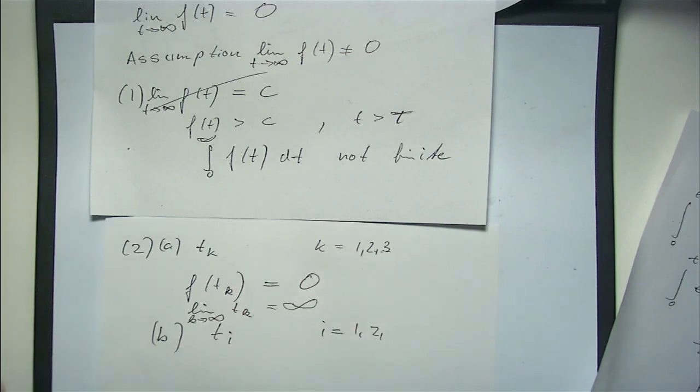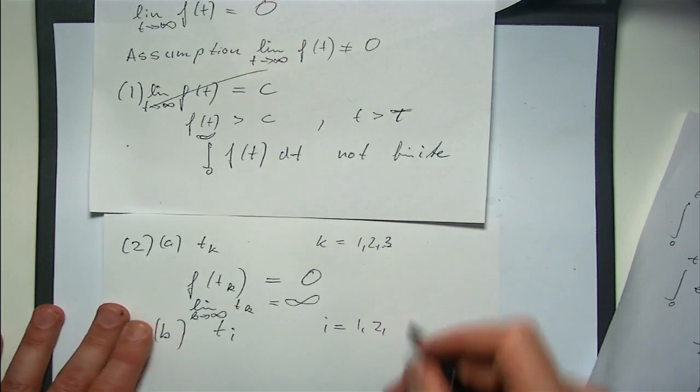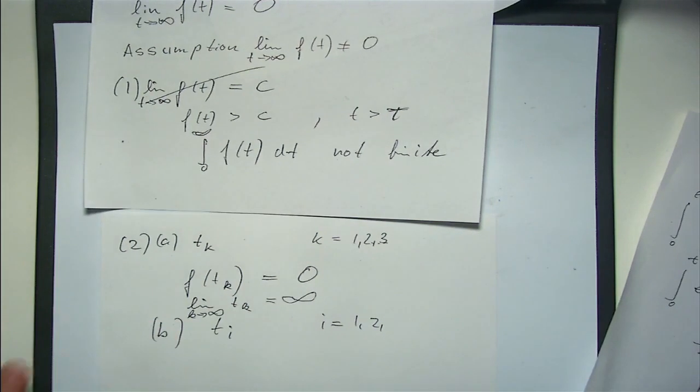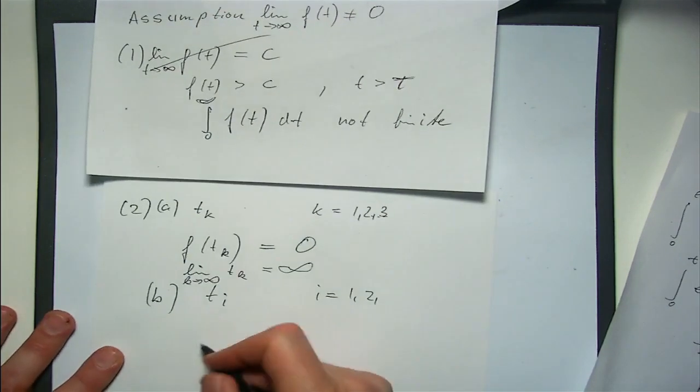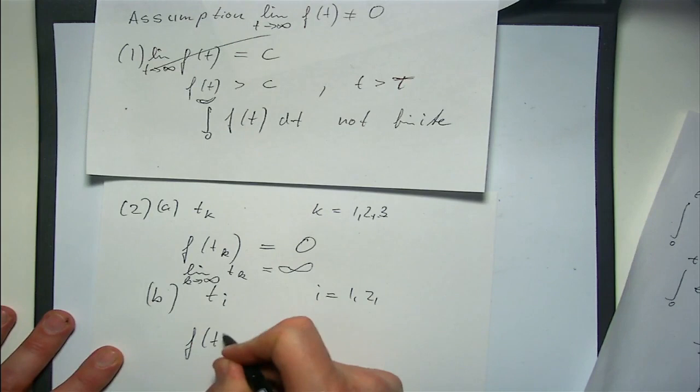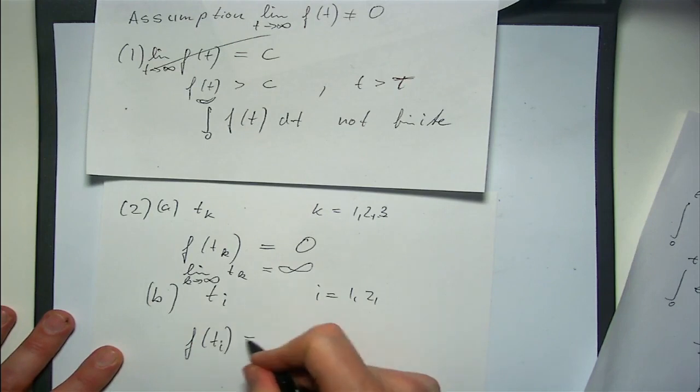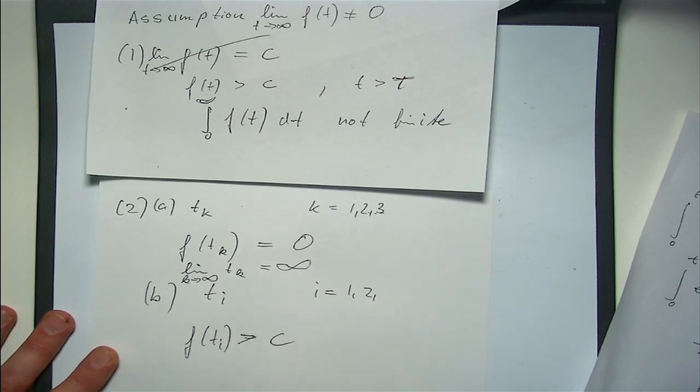So it's an infinite sequence of values: there's an infinite number of points where our f is 0, but at certain other points f of t has to be larger than some value c.